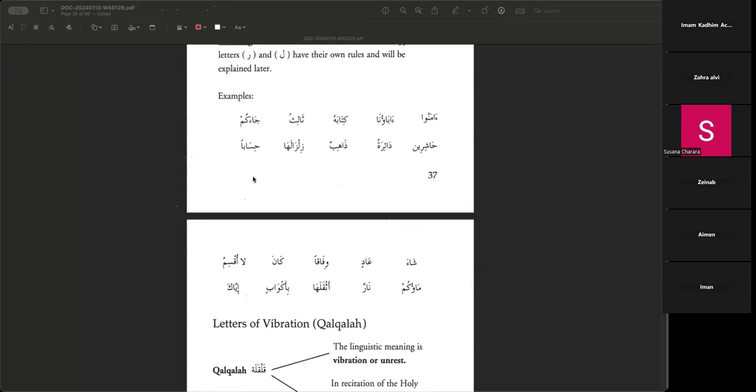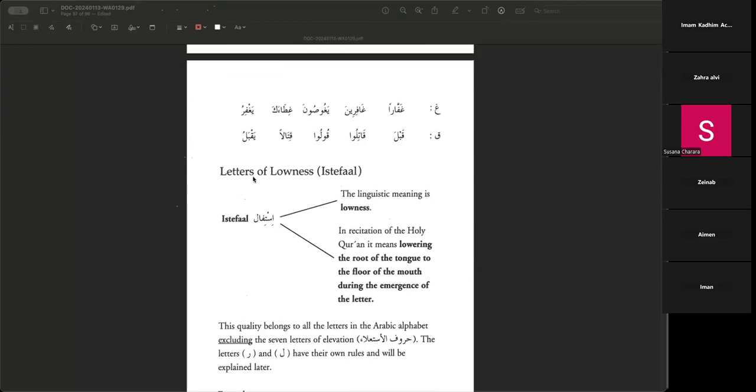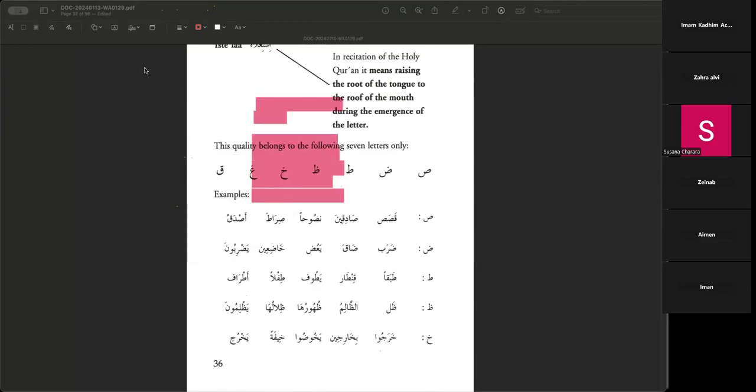For instance, in Arabic, all of these letters are pronounced the same way except for kha, ghain, and jim. Kha and ghain, in spoken Arabic, are pronounced lightly, but in Quran it's not light, it's more heavy. You have to raise the back of your tongue. Kha, gha, kha. I don't know if you notice the difference.